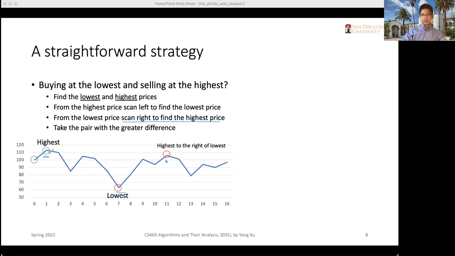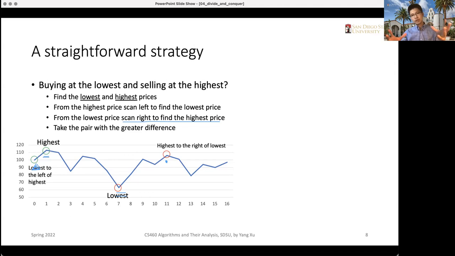After we find the highest point, we should look at the left part and try to find the lowest price, which is this point here. So obviously in this scenario, the green solution is not as good as the red solution, right?